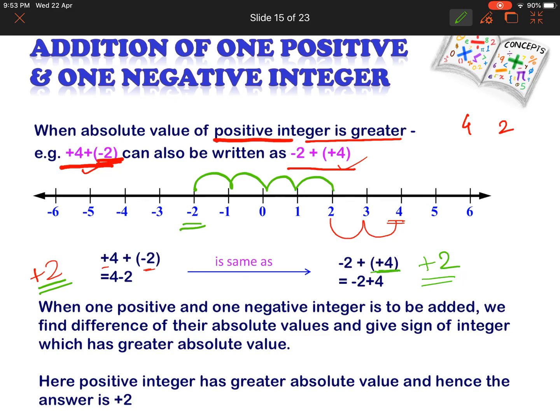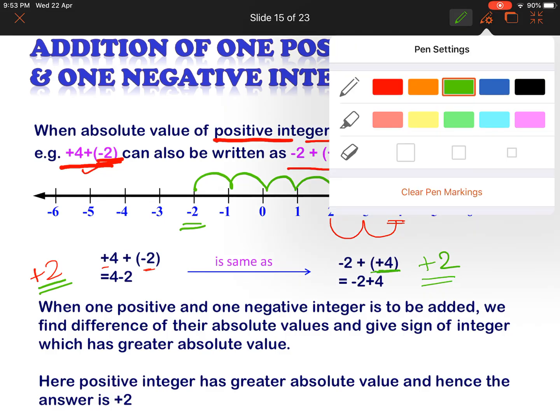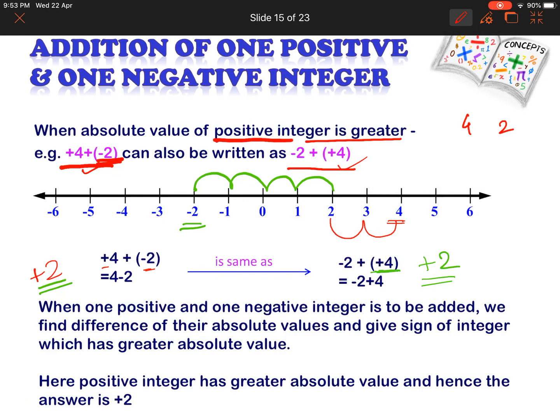Now, again here as well, if we have to add smaller integers, it is okay to add it using number line. But what about bigger integers? We have generic rule for bigger integers. What is it? When one positive and one negative integer is to be added, we find the difference of their absolute values and give sign of integer which has greater absolute value.